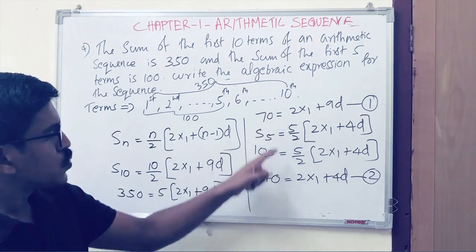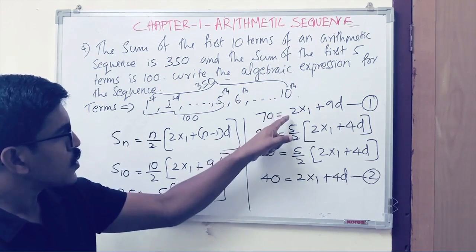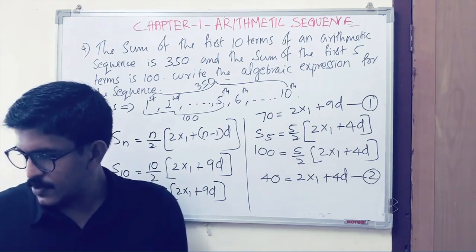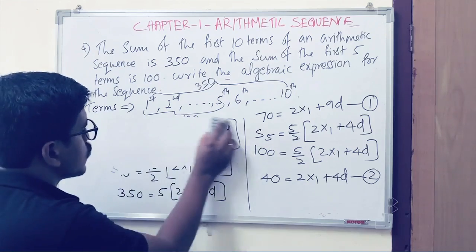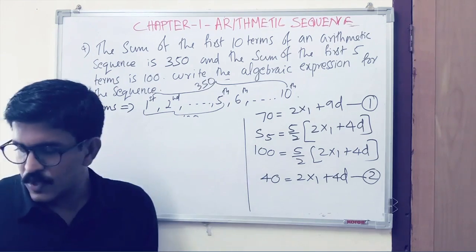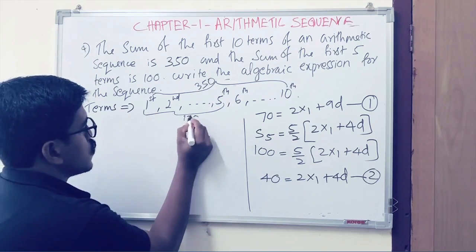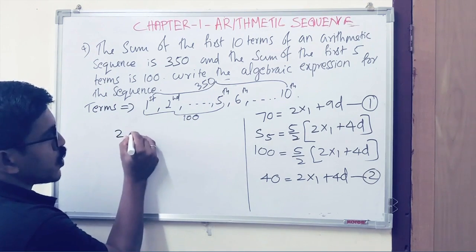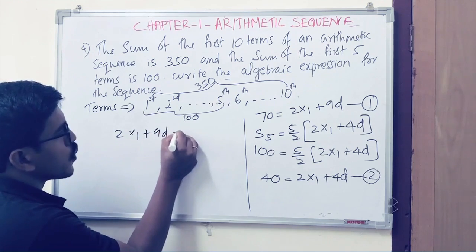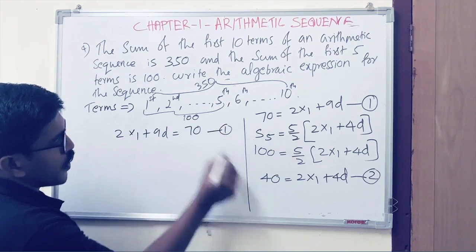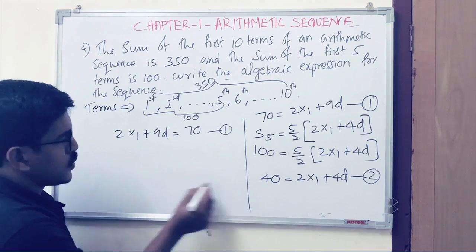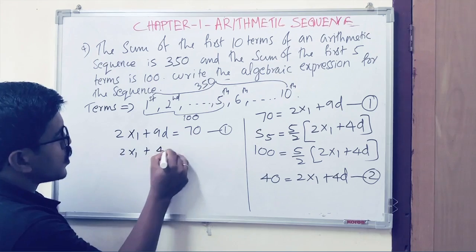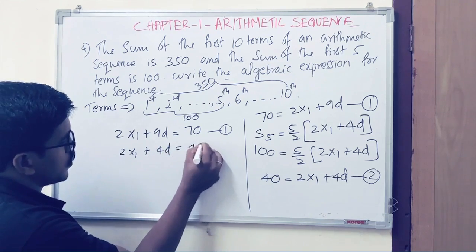Now we use these two equations. By solving them, we will find the common difference. The first equation is 2x1 plus 9d equal to 70, and the second equation is 2x1 plus 4d equal to 40.